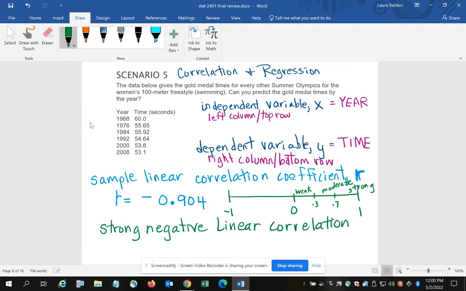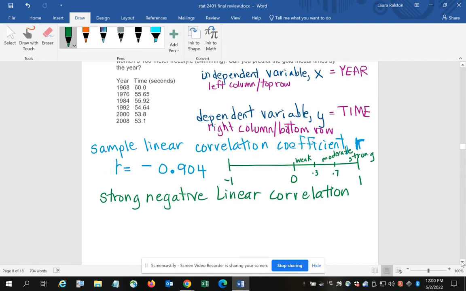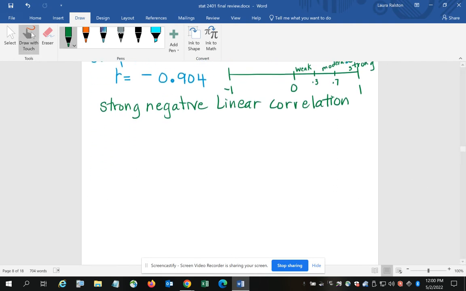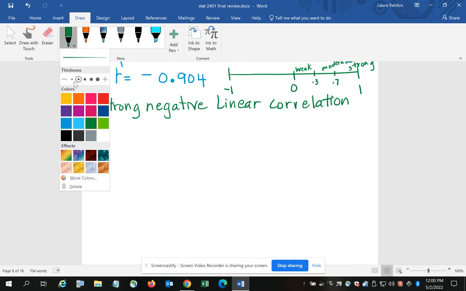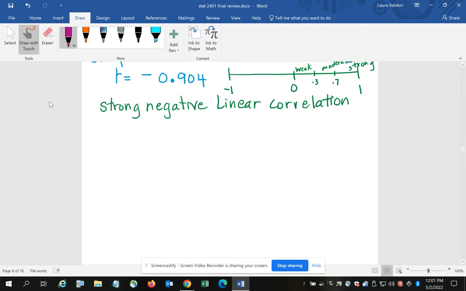But again, that's kind of my gut, my eyeballs, just what I think, my interpretation. We don't get to leave it at that point. We have to verify, we have to prove that it is an actual strong negative linear correlation. So we run a hypothesis test.